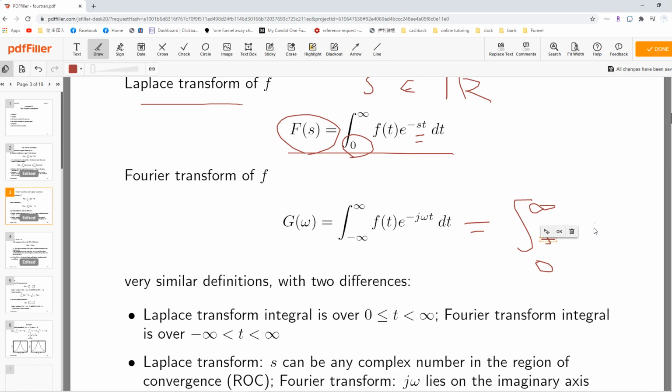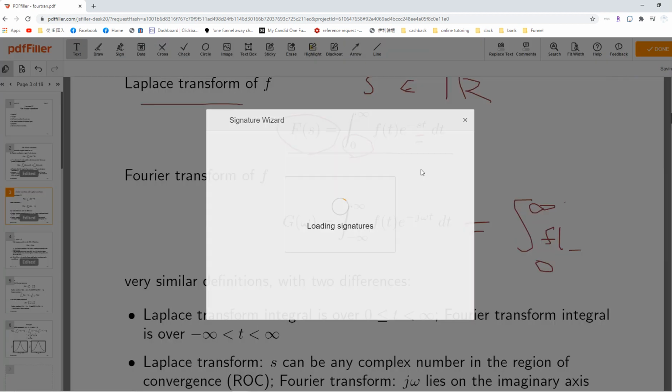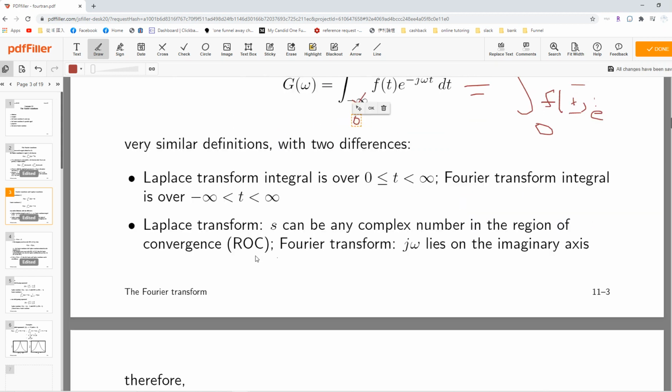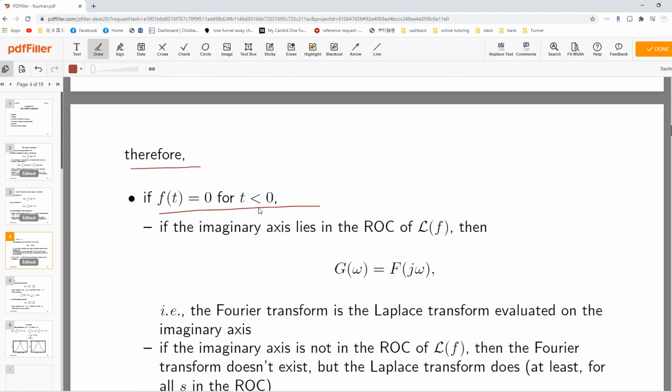So you just replace the lower limit with 0.